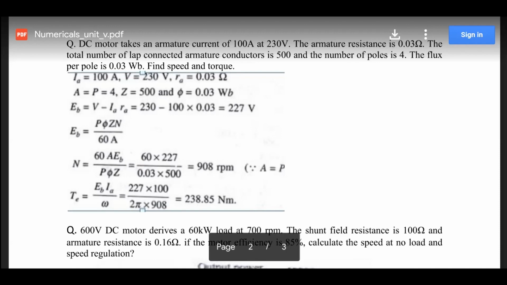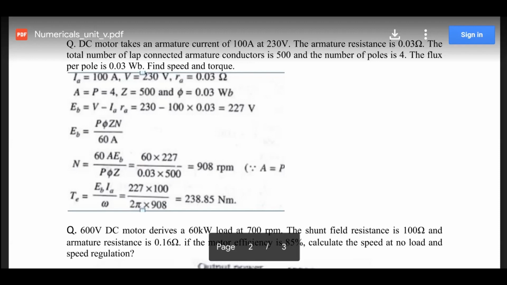Now from the torque equation we know that the electrical power is equal to mechanical power, so Eb Ia is equal to torque into omega.